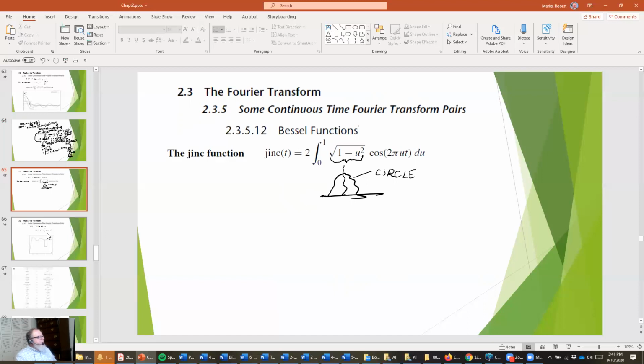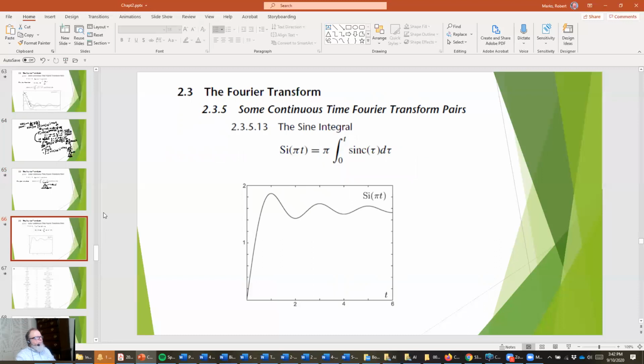Let's go on to one more Fourier transform pair, and something which is used quite a bit. This pops up a lot in optics, and that's the sine integral. And the Si of pi t is equal to pi times the integral of sinc of t. Now, this is interesting because if I ask you to integrate the sinc of t, the sine of pi t over pi t, you thought, you know, I might be able to do that.